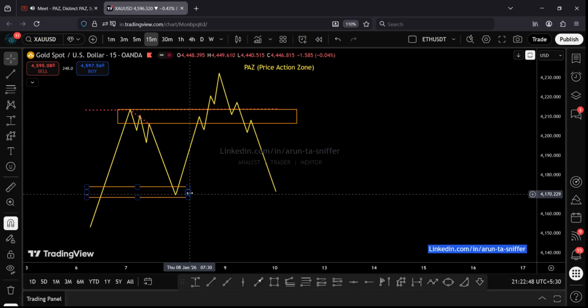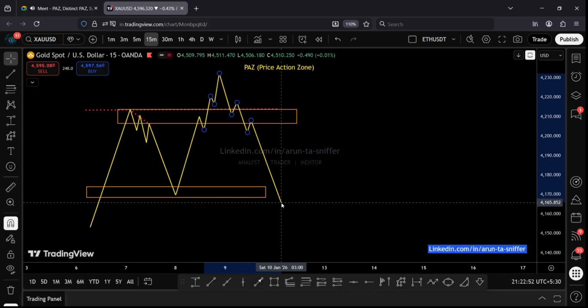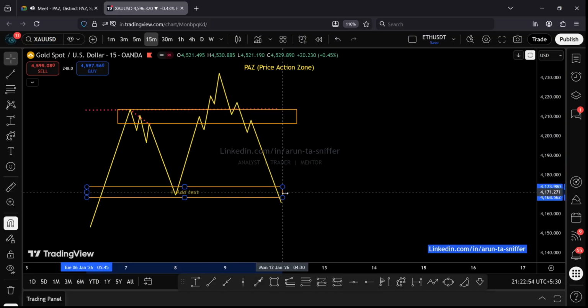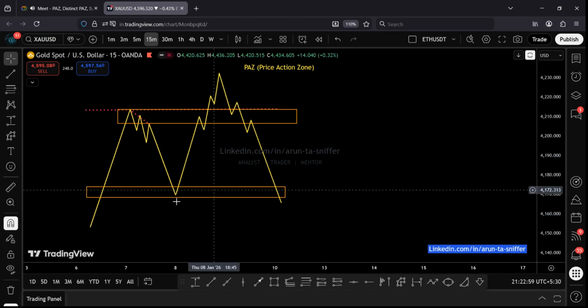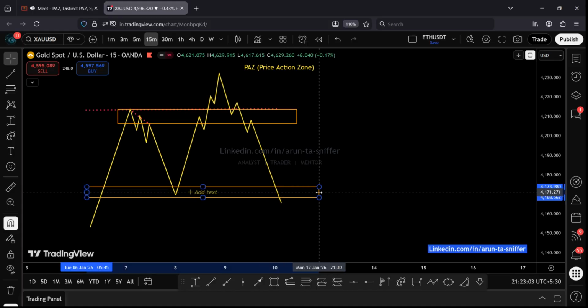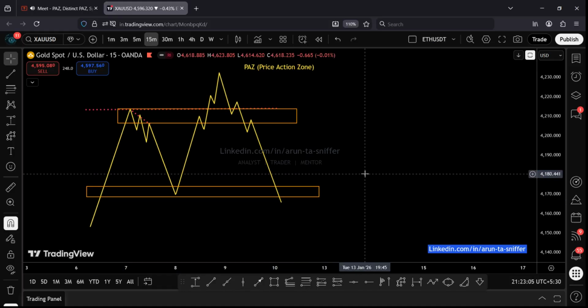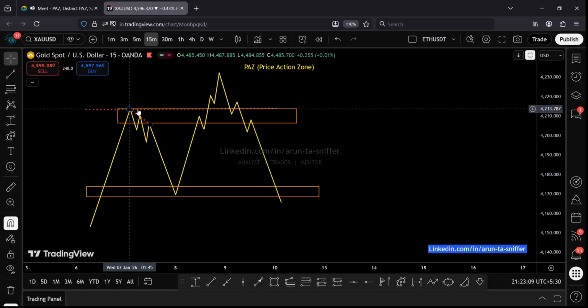Comes down again, and this time this breaks this zone. This zone, or maybe some other zone, is also possible here. So what will happen in case of symmetry?